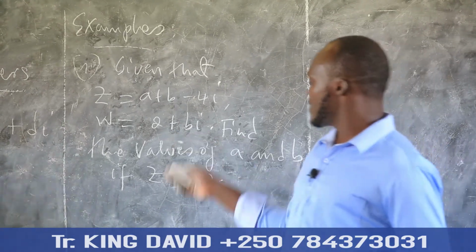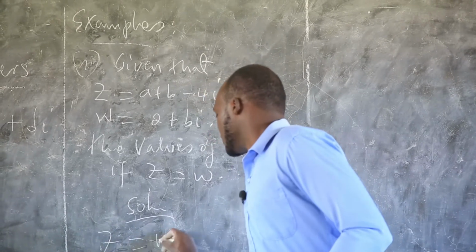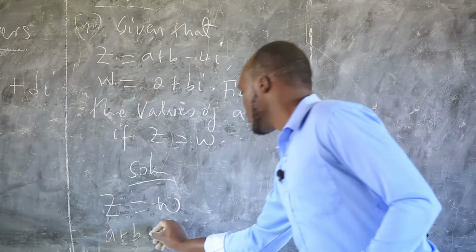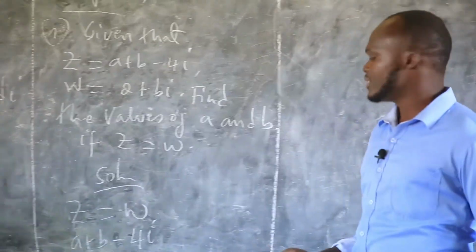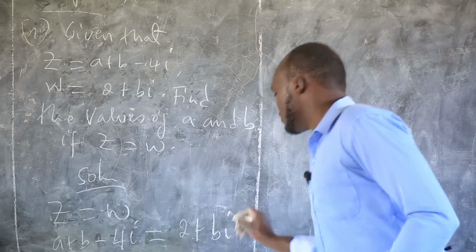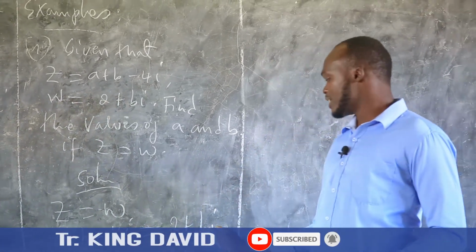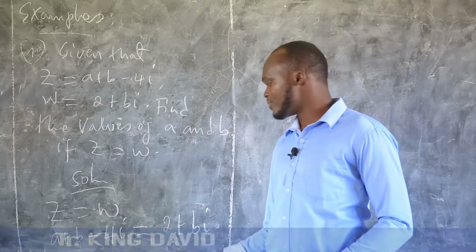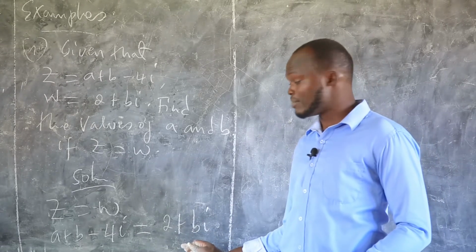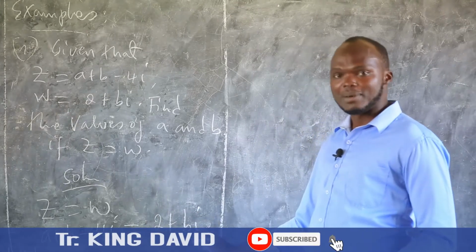If Z equals W, it means that A plus B minus 4I equals W, which is 2 plus BI. Remember, I have told you that the real part of the first complex number must be equal to the real part of the second complex number, and the imaginary part of the first must be equal to the imaginary part of the second.